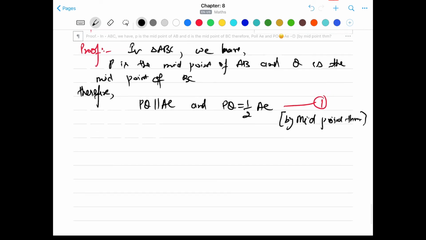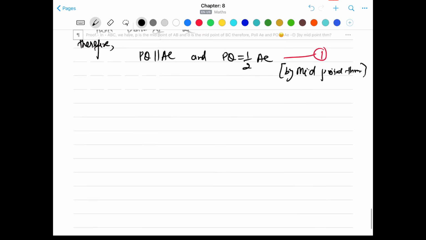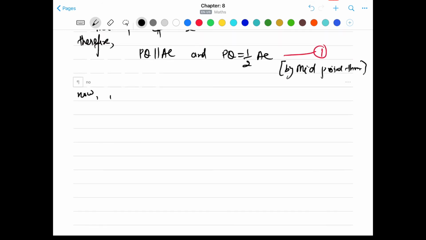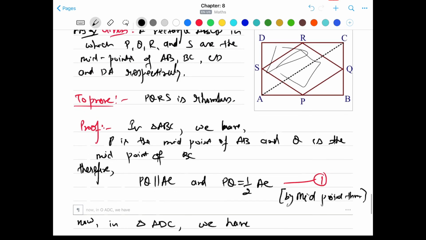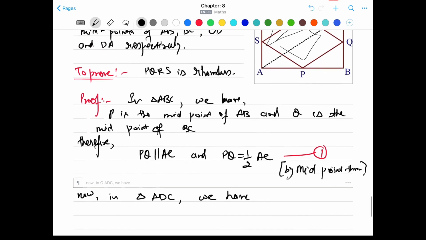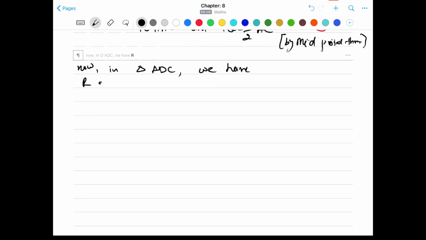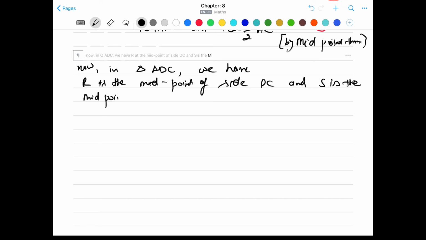In a similar way, you can apply the midpoint theorem in triangle ADC. So right now in triangle ADC we have, okay, again applying the midpoint theorem. Here R and S are the midpoints of DC and DA. Here we have R is the midpoint of side DC and S is the midpoint of DA.